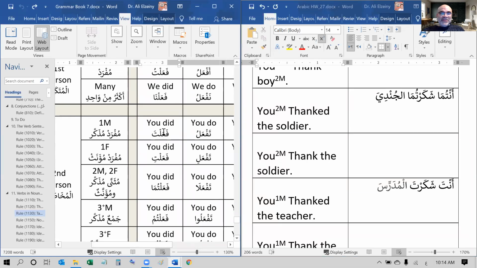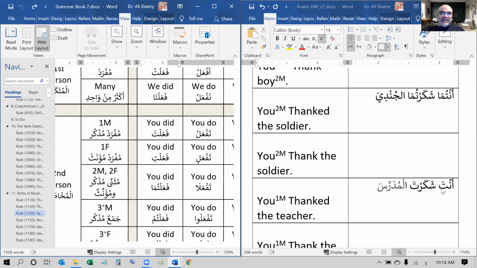So فعل becomes فعلت, which means شكر becomes شكرت. شكر شكرت. فعل فعلت. So here you can see شكرت. The verb is شكرت.